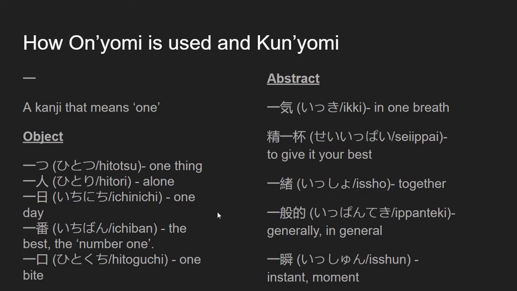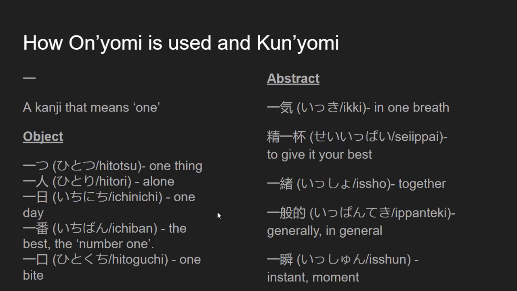You can see also that there are two different readings here. So you've got the ichi, when you're counting in Japanese, ichi, ni, san, shi, go, roku. When you're counting like that, you'll use on'yomi.